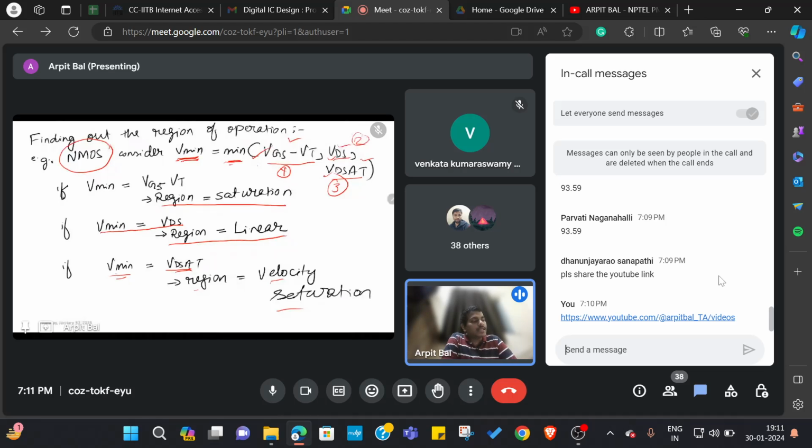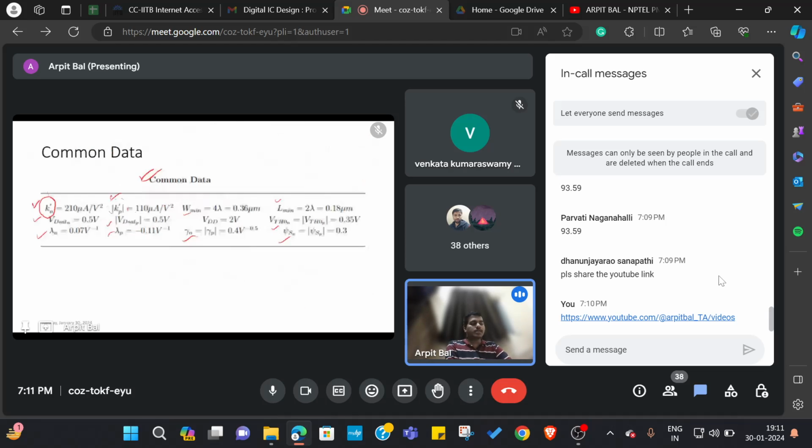The region of operation works the same way: if the maximum of these three turns out to be VGS minus VT, then for PMOS that will be in saturation. Now you can figure out the analogy for the rest of the cases. VDS linear for NMOS, and similarly for PMOS, it will be linear if VDS is the max, right?